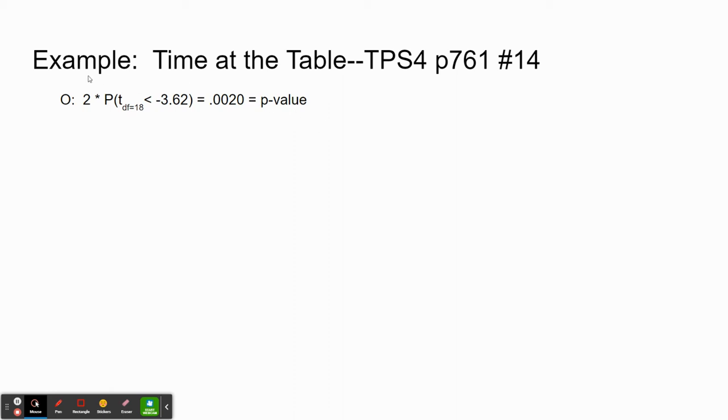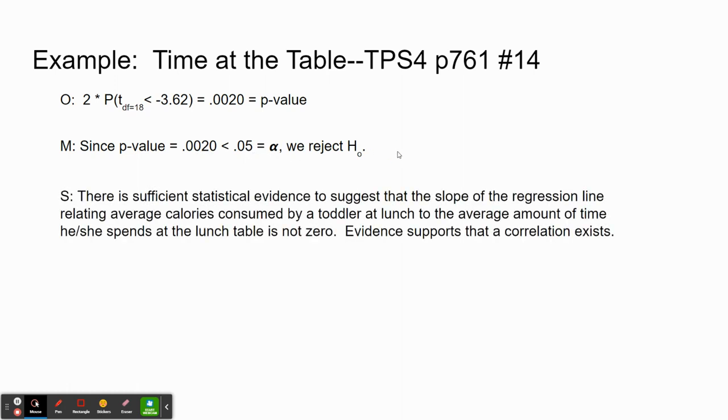You can show this with a curve, or you can show it with this probability statement here, but you have to link it to the probability. Since the p-value is equal to 0.002, which is less than 0.05, we reject the null hypothesis, and now we make our statement.